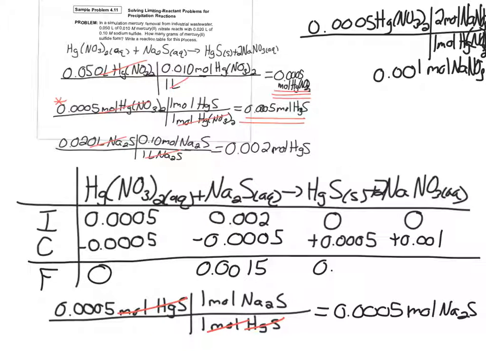And then I'm going to have 0.0005 of my mercury sulfide and 0.001 of the sodium nitrate. So at the end of the reaction, that's why we call this the final. I'm still going to have some of my sodium sulfide left because it was my excess reactant. I'm not going to have any mercury nitrate left because it was my limiting reactant. We used all of that up. And that's the maximum amount of product I can form, based on my mercury nitrate.